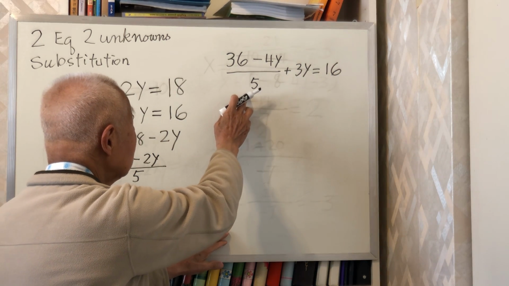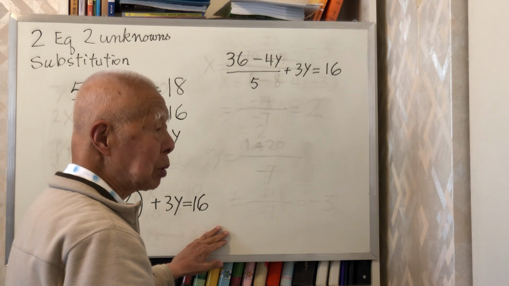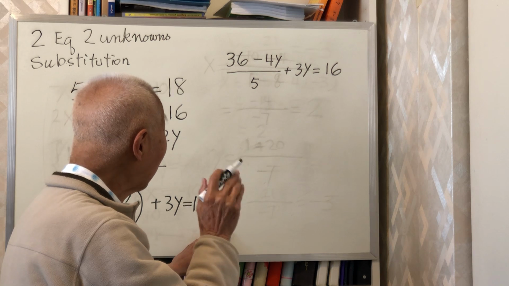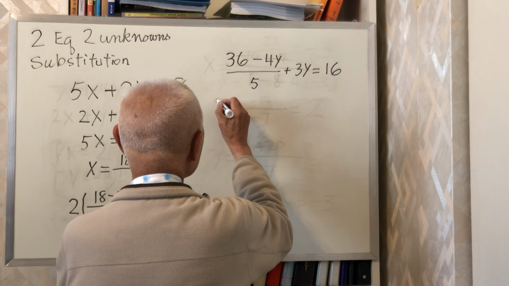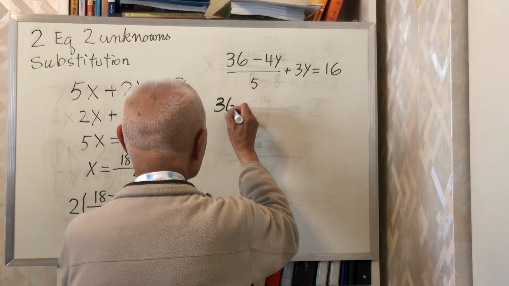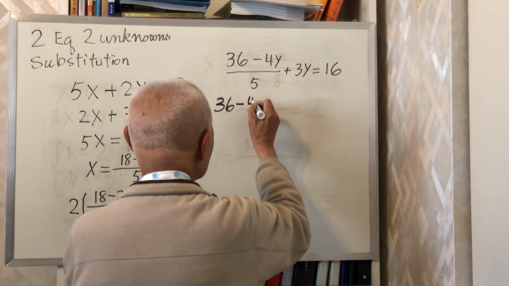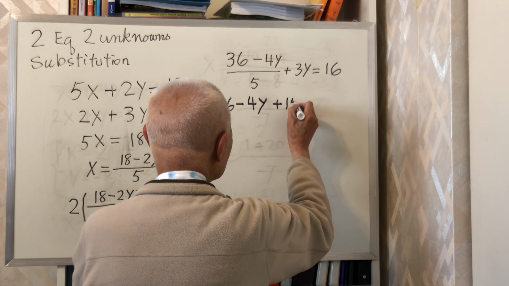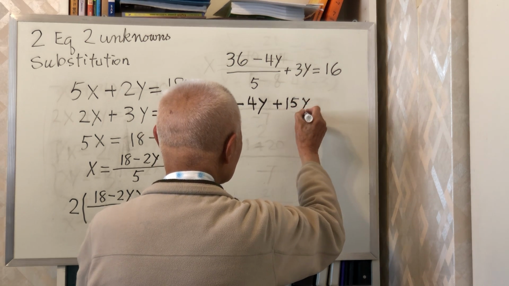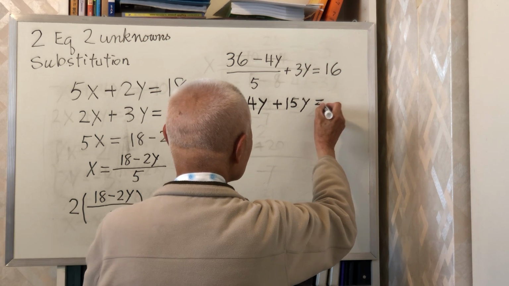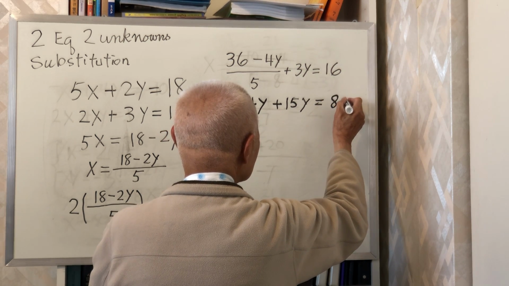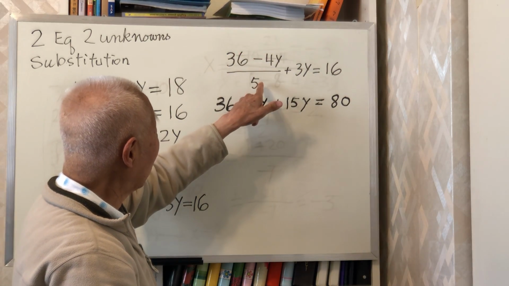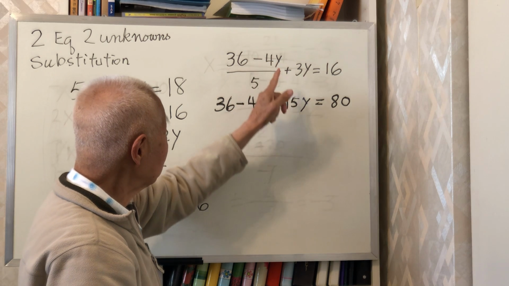I don't want the 5 in the denominator, so I multiply every term by 5. Multiply this by 5, I get the numerator.